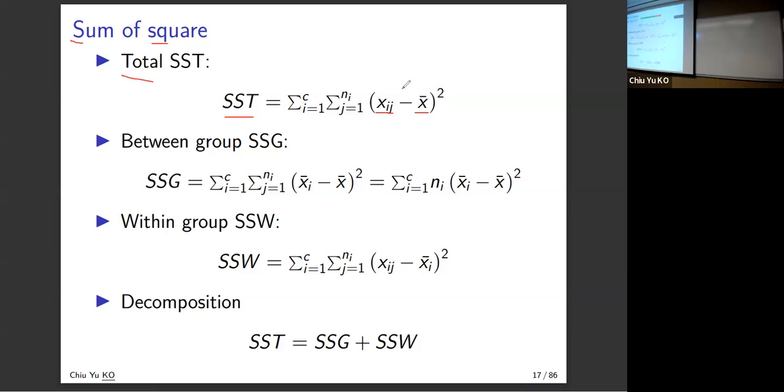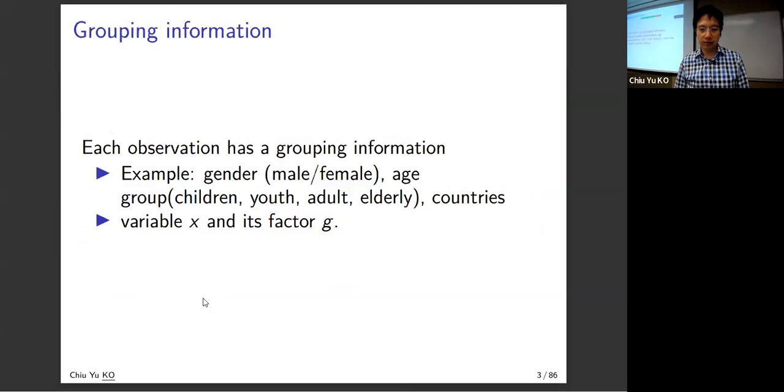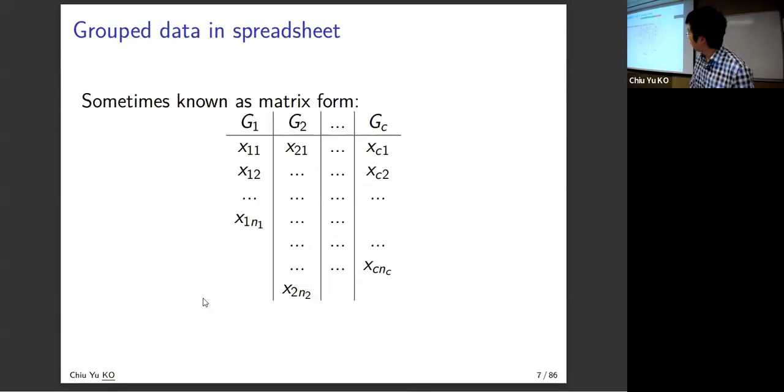Go back to this slide. I have all the data here, and all these numbers will be replaced by their group mean. Calculate the mean, replace everything by it, do every column, and then I calculate the variance.